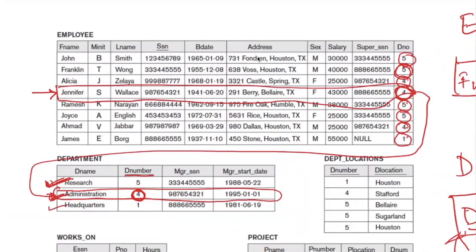So whenever I have a foreign key referring to a primary key of another relation, the value of that foreign key must come from the existing set of primary keys of the other relation. It must refer to an existing tuple in the referred relation. So employee is the referring relation and department is the referenced relation. It must relate to an existing tuple.